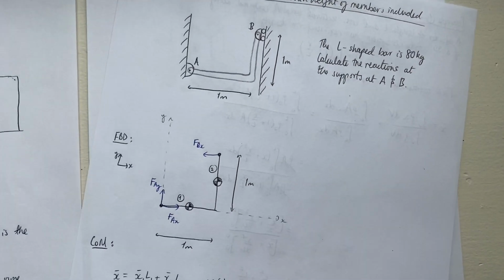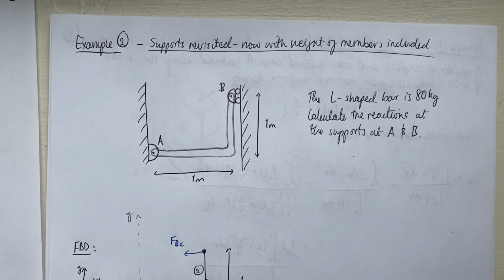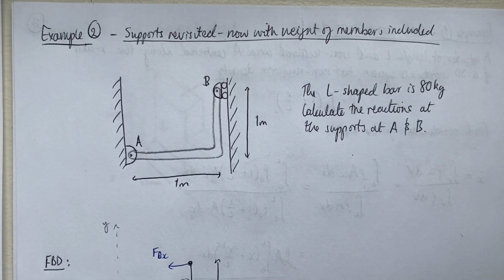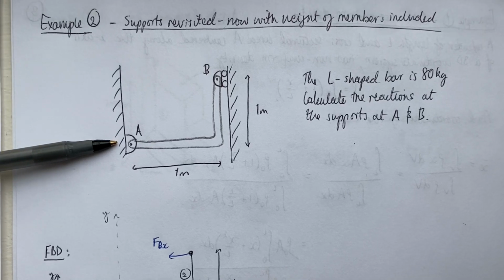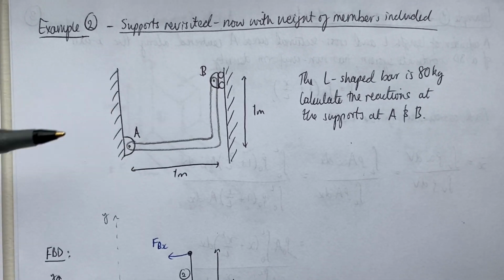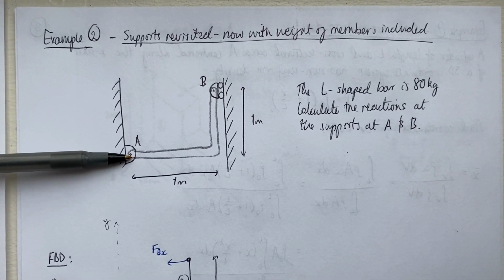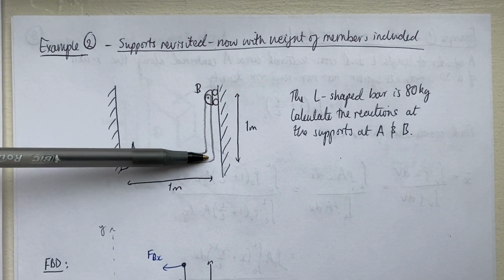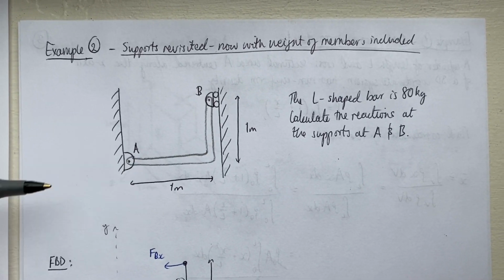The second example that we're going to have a look at is basically revisiting something that we've seen a number of times before, i.e. an example to do with supports. But now we're going to include the mass of the bar. You remember up to this point in the course, what we've done is assumed that the forces acting on this bar are much greater than the mass of the bars themselves, and therefore we've neglected the weight of the actual structure itself.